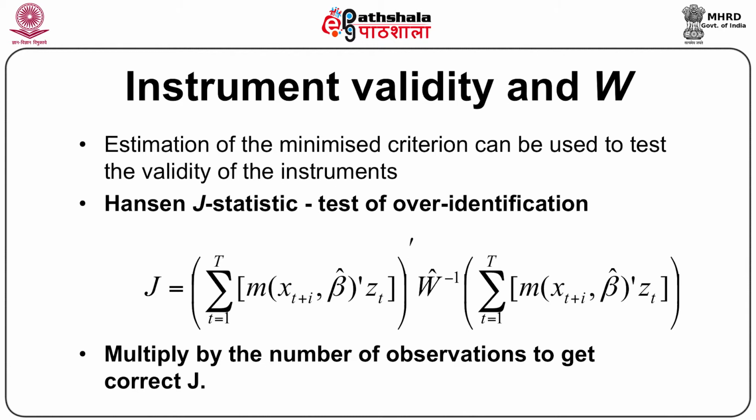In this case, one can use the Hansen J statistic, which is nothing but n times the sum over t from 1 to T, that is the number of observations, multiplied by the sum of m(x_{t+i}, beta) z_t, whole transpose, W hat inverse, times the sum of m(x_{t+i}, beta) z_t. So, in order to obtain the value of J, you multiply the above expression by the total number of observations.